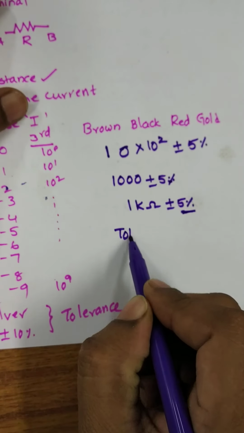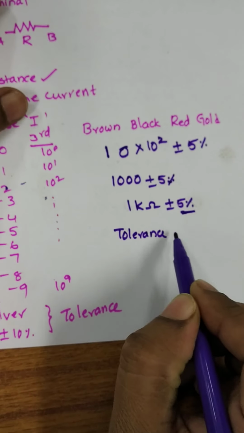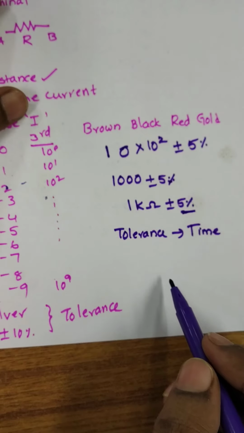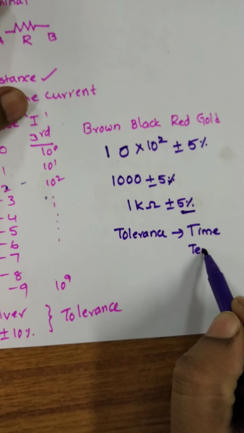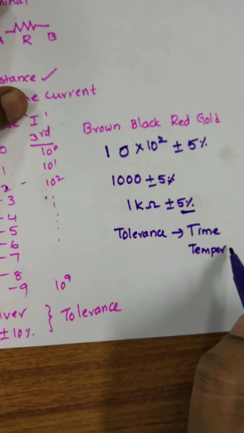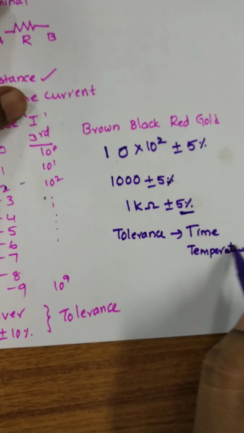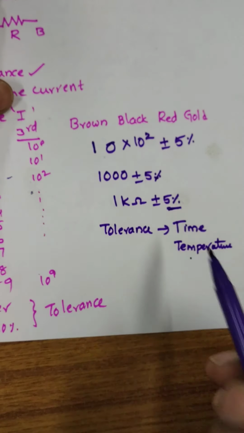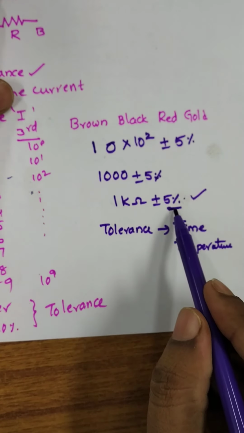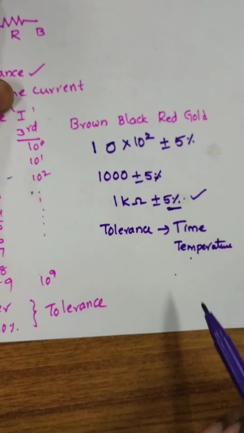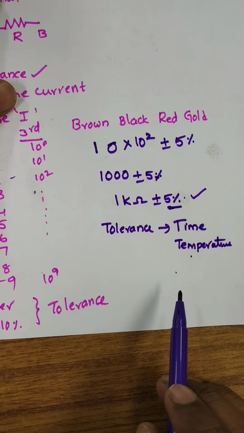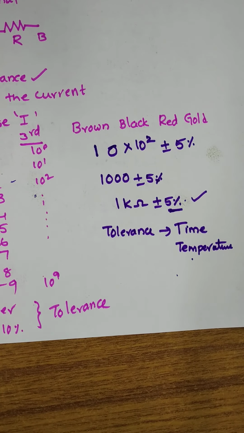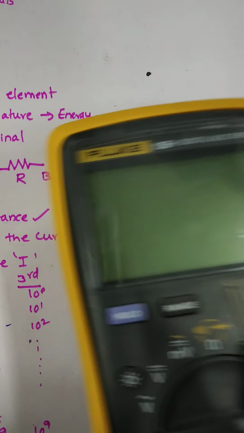That is called tolerance. Depending on time or temperature, the value of the resistance can change. For gold it is plus or minus 5%, and for silver it is plus or minus 10%.